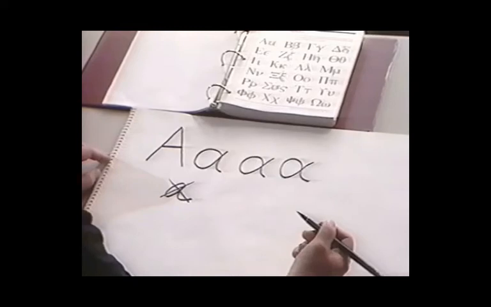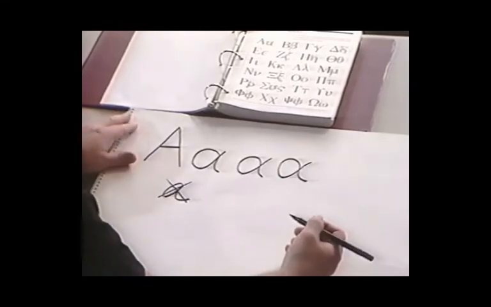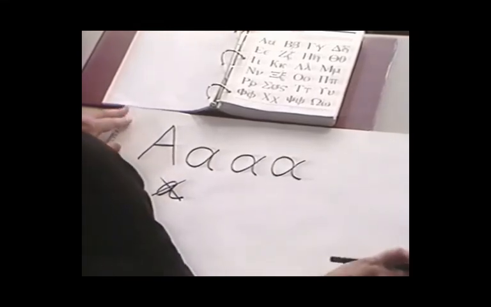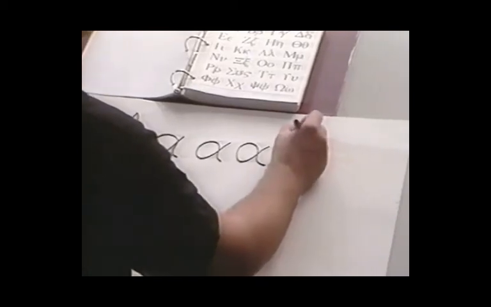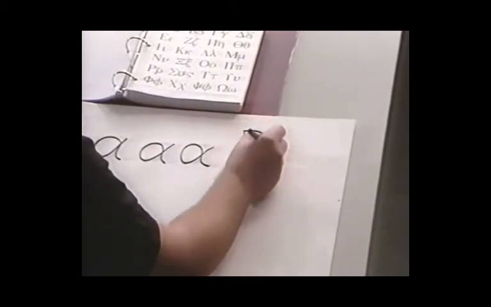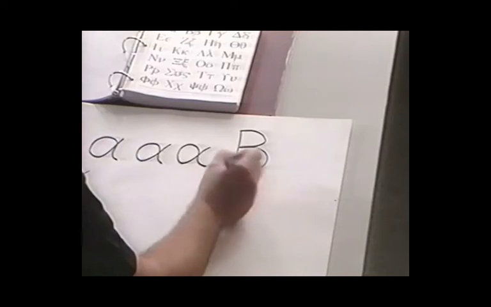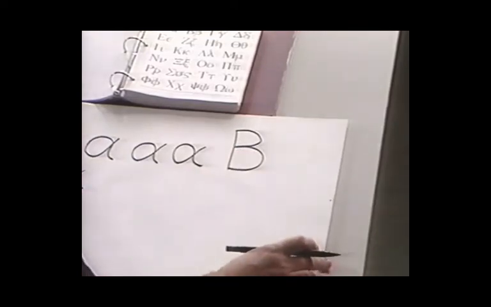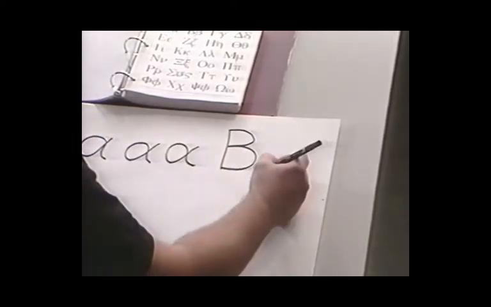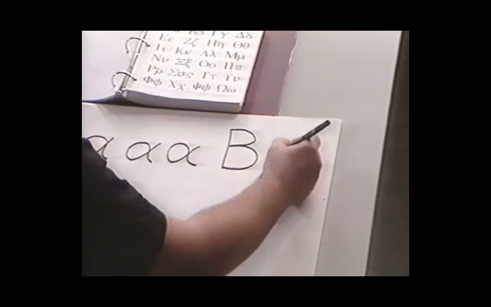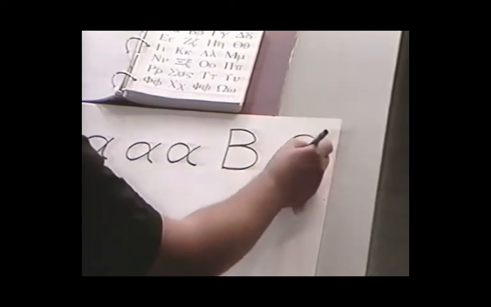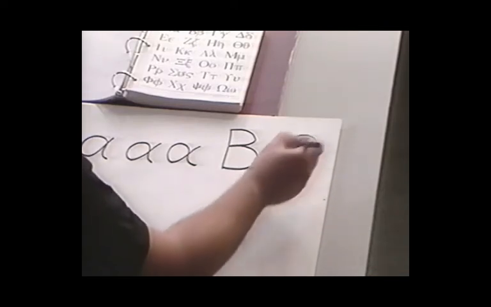Alpha. The next letter in the alphabet is beta. And a capital beta is just like our capital English B. The lowercase beta starts a little bit below the line, comes all the way up to the top, around like that.